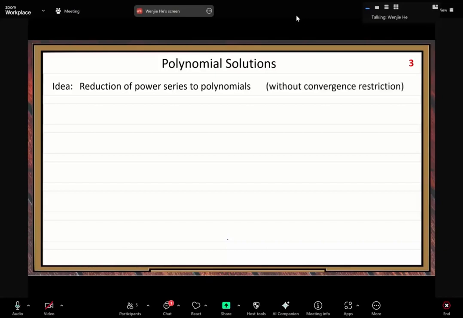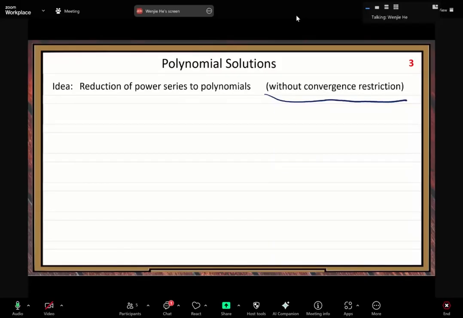Another good thing about polynomials is that there is no convergence restriction. When you have a polynomial solution, you plug in any x and you have a valid value. You never need to consider the convergence issue.